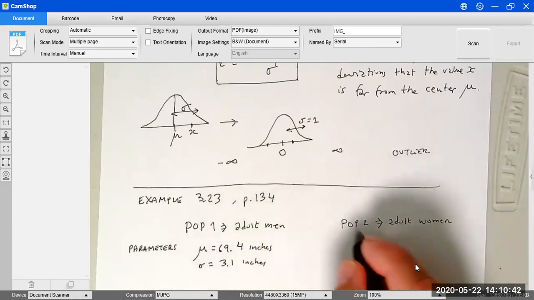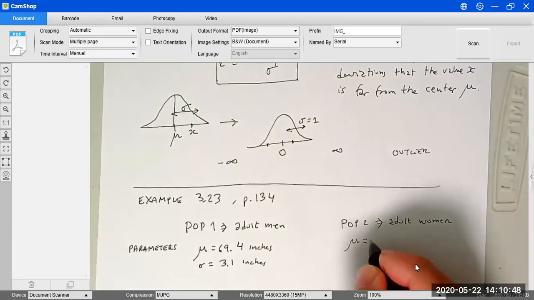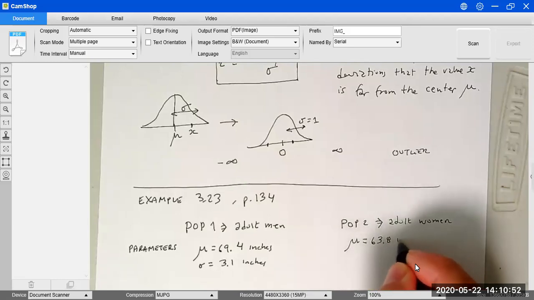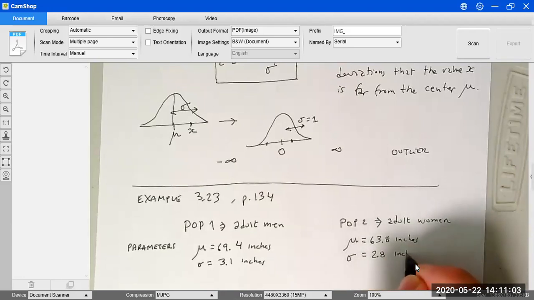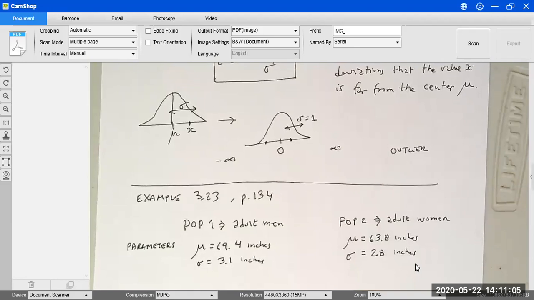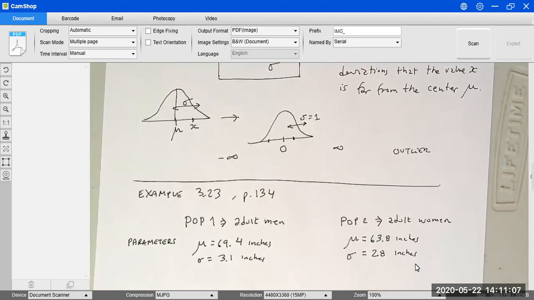Now we have two more values describing the second population: the mean is equal to 63.8 inches, and the standard deviation is 2.8 inches. So now we have our two populations described.